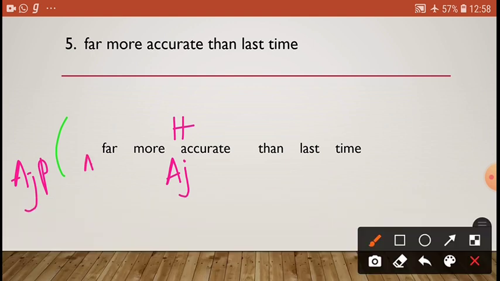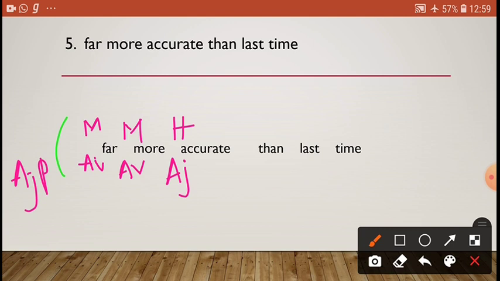Far is an adverb, more is also an adverb. Far and more, these are the adverbs. The function of far is modifier. The function of more is modifier to the adjective accurate.